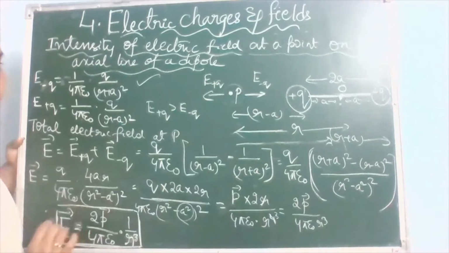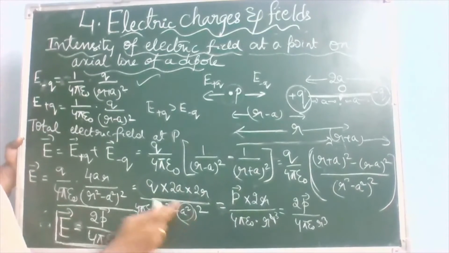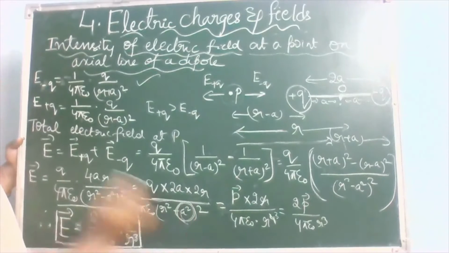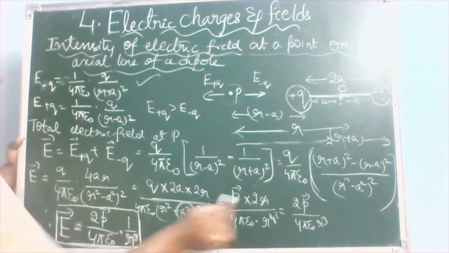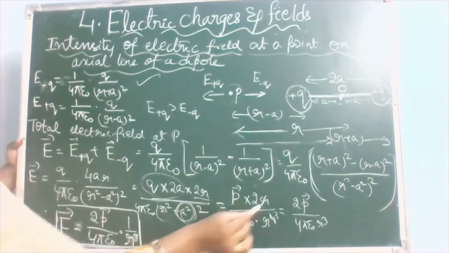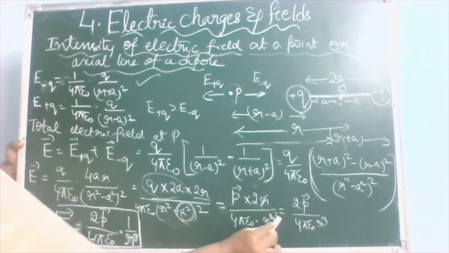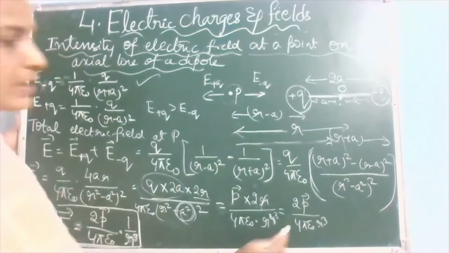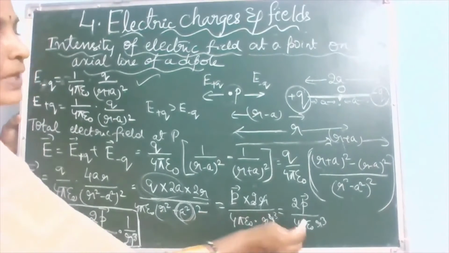So this one equals p into 2r, and r to the power of 4 cancels, r to the power of 3 will remain. So totally we will get 2p by 4 pi epsilon naught into r cube.